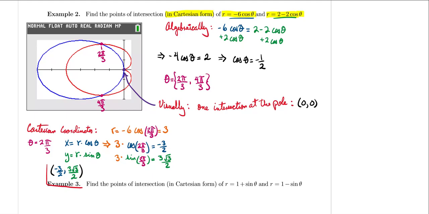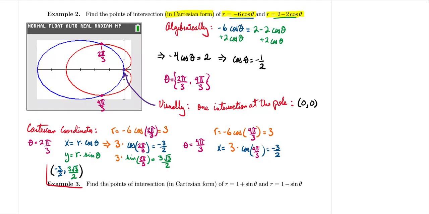Now in the case for theta equals 4π/3, we are going to be repeating the same process. So doing that, we're going to get r equals -6 times the cosine of 4π/3, which is going to give us another +3. Now for x, we're going to have 3 times the cosine of 4π/3, which is equal to -3/2 again.